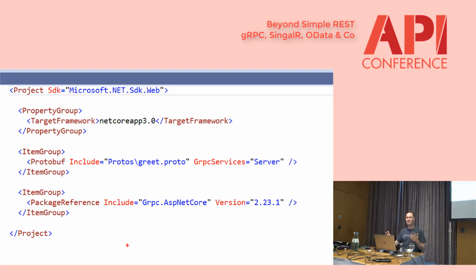NuGet is what Maven is to Java, or NPM to JavaScript, or GitHub to Go, or pip to Python, or whatever. This one just says, I want to implement .NET Core App 3. I want to do web development, and please include all I need for gRPC. This down there, this gRPC ASP.NET Core, is all you need to run gRPC inside a web application with .NET. It's a so-called meta package.